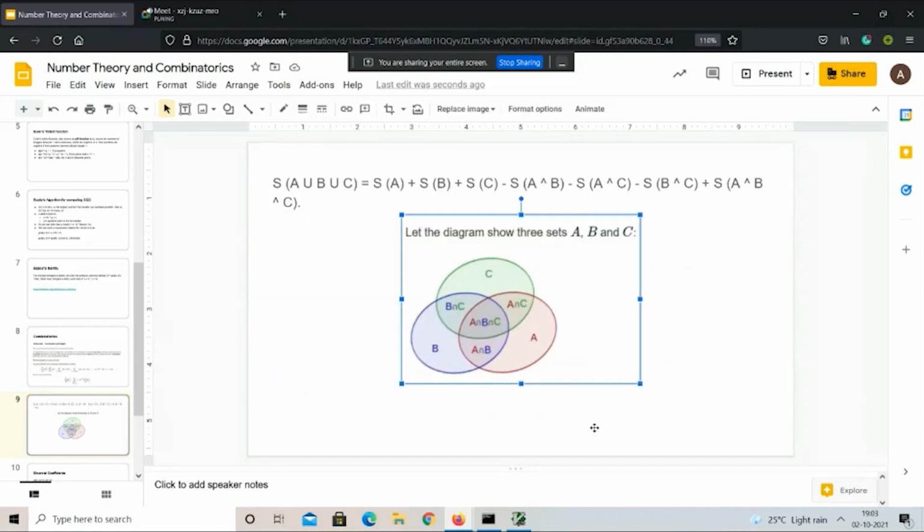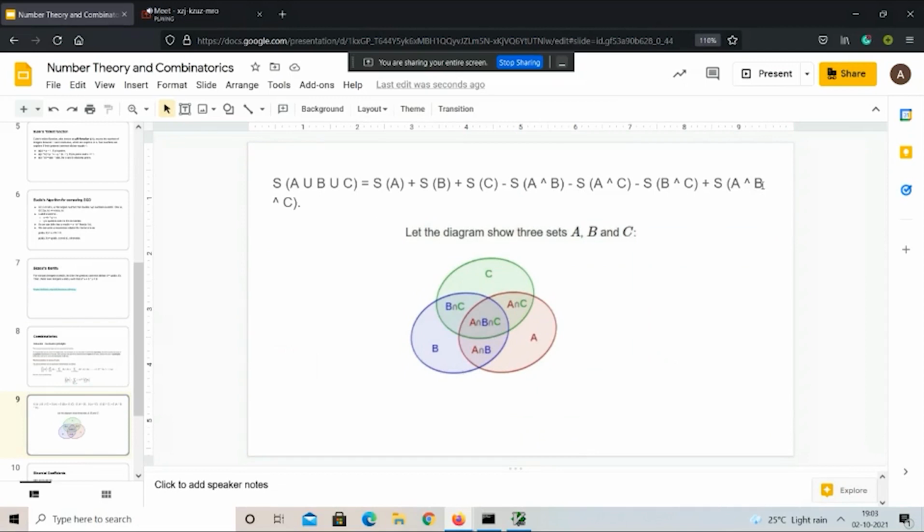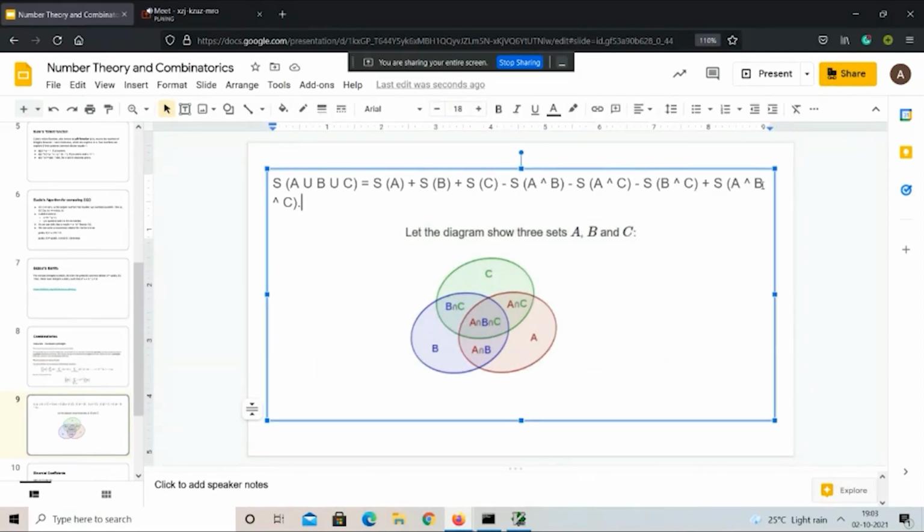You can just write S of 3 or 5 to be S of 3 plus S of 5 minus S of 3 and 5. That is the LCM of 3 and 5, that is 15. So you can do this to solve such problems.